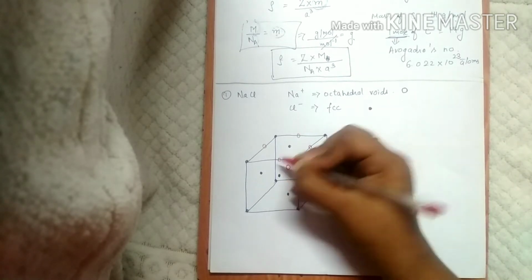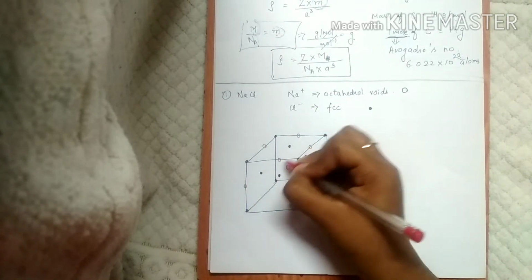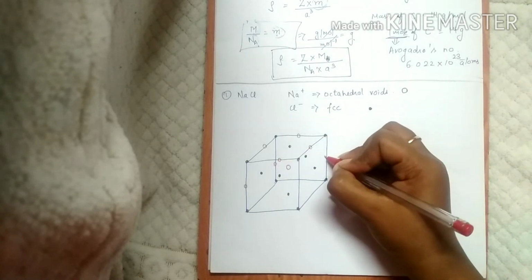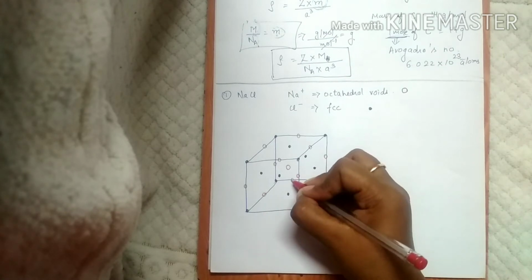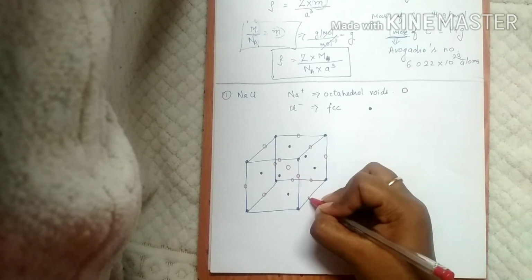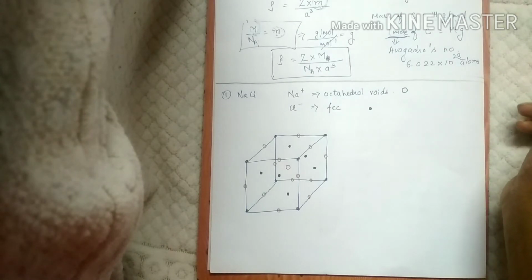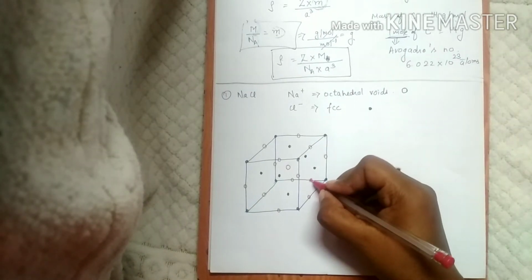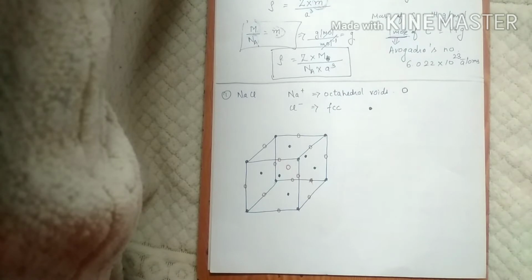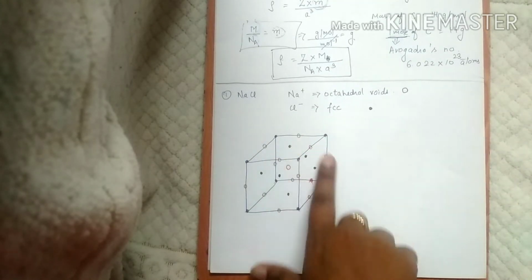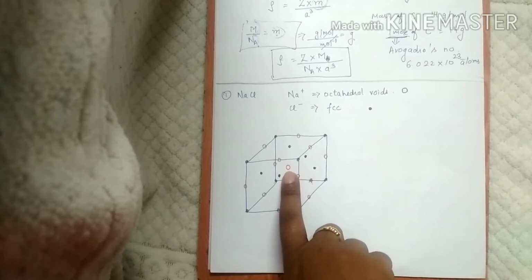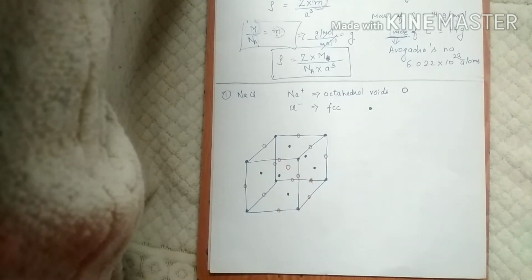There are 12 edges, so it is present at each of the 12 edge centers. It is present at body center also. Na positive is present. So this is basically the structure of NaCl.